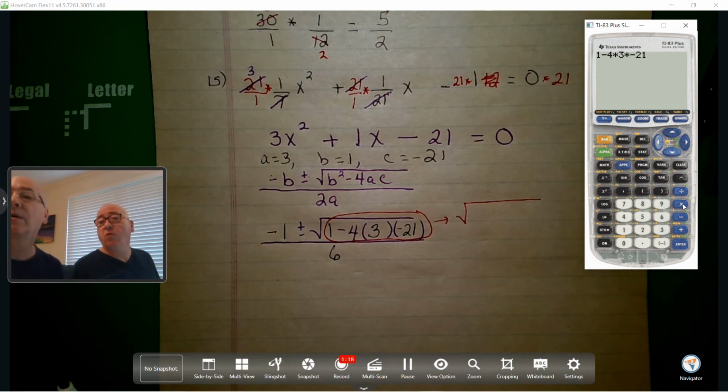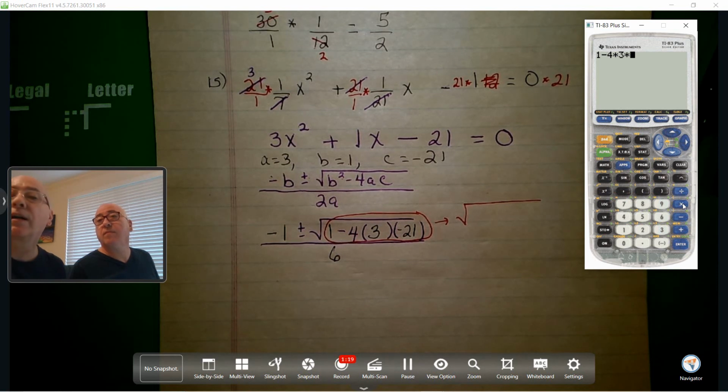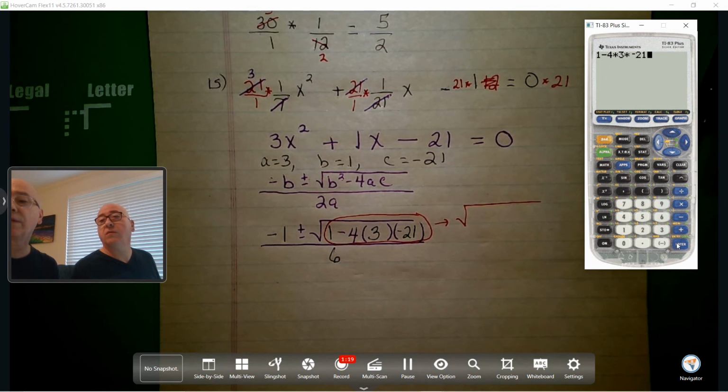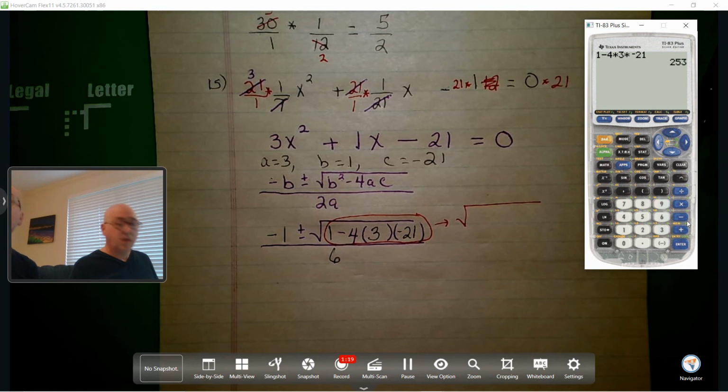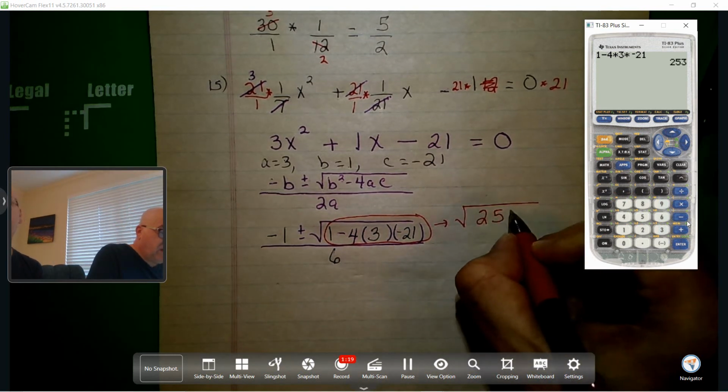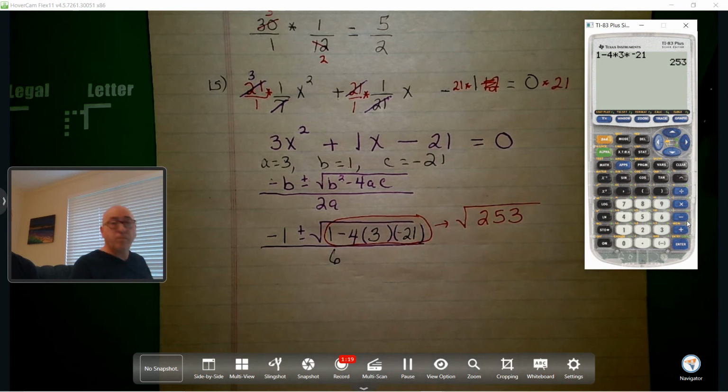Oh, no, you hit subtract. Okay, so I gotta use the plus minus. 253. Ugh. Well, 12 times negative times negative is positive. 12 times 21 is 252. And then you add the 1, so 253.